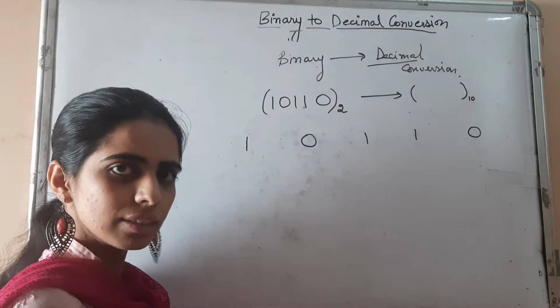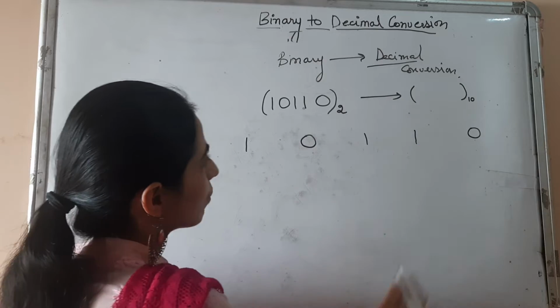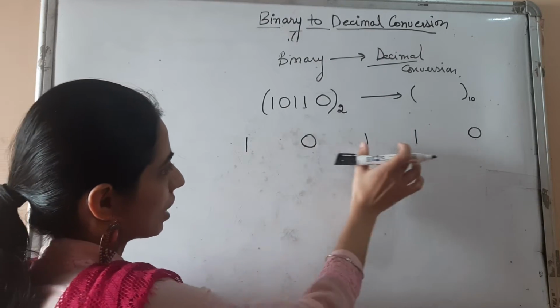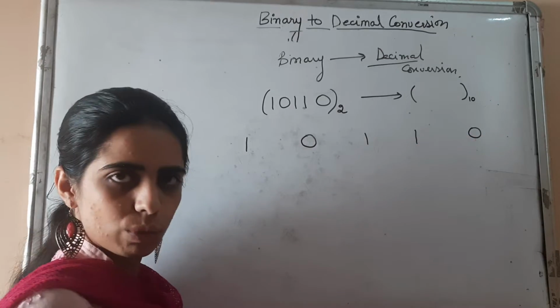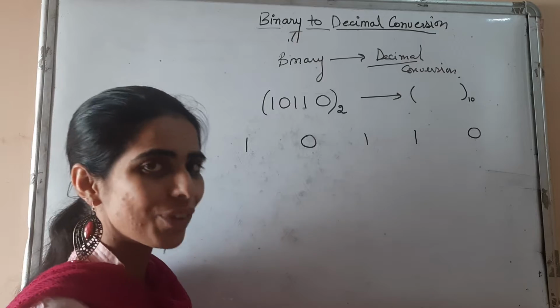I hope it is clear. So the first step, children, we have to copy the number, leaving space between. We have to leave some space in between them. I'll tell you why to leave space. For the further procedure, it's very important.